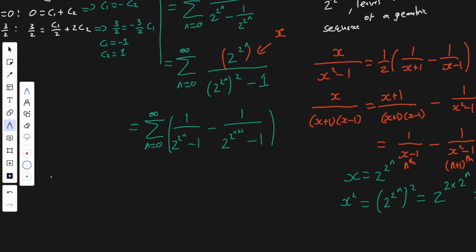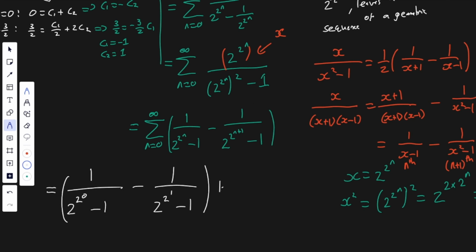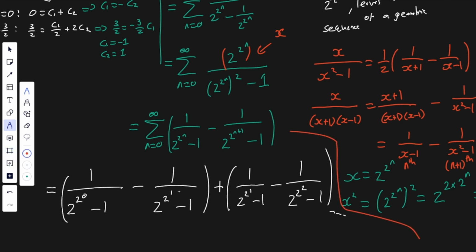Now if you write this out term-wise, for n equals 0 we get 1 over 2 to the 2 to the 0 minus 1, minus 1 over 2 to the 2 to the 1 minus 1, plus 1 over 2 to the 2 to the 1 minus 1, minus 1 over 2 to the 2 to the 2 minus 1, and so on. And what we realise is that that is going to cancel that, and hence the next term, that is going to cancel whatever comes next.